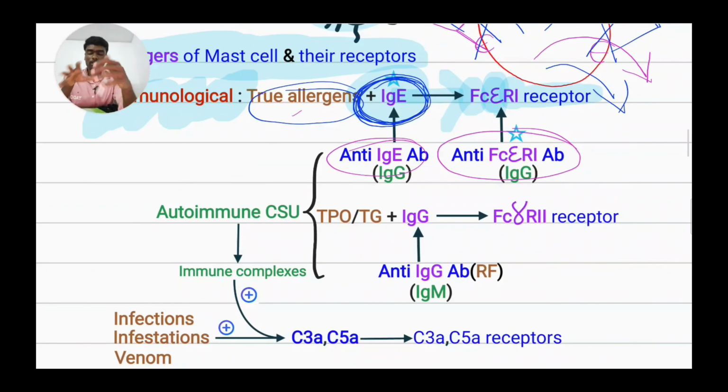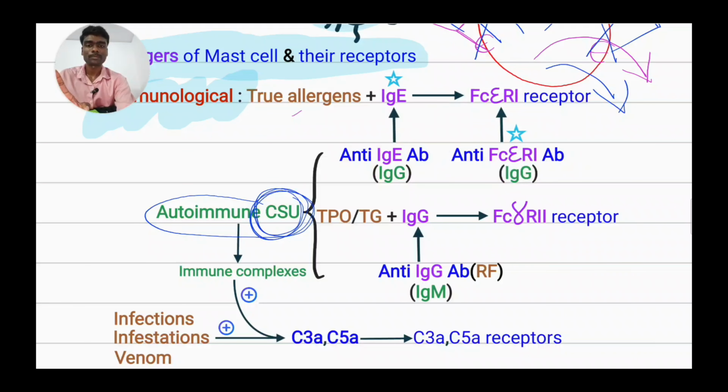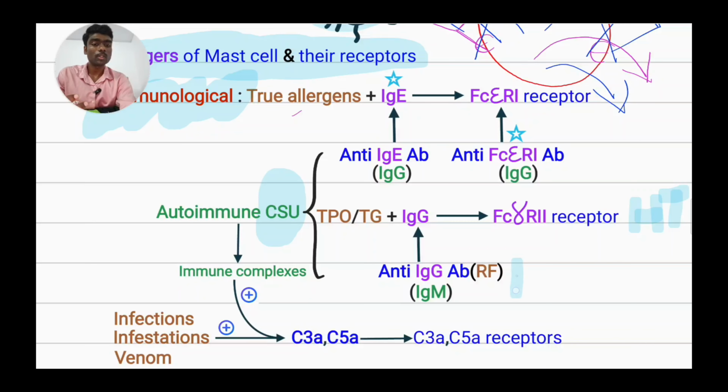Whenever you are asked about the reasons for autoimmune chronic spontaneous urticaria, you should mention two antibodies: one against IgE, one against its receptor, the Fc epsilon R1 receptor. Whenever you are asked about the associated diseases for chronic spontaneous urticaria, you should answer Hashimoto's thyroiditis and rheumatoid arthritis.